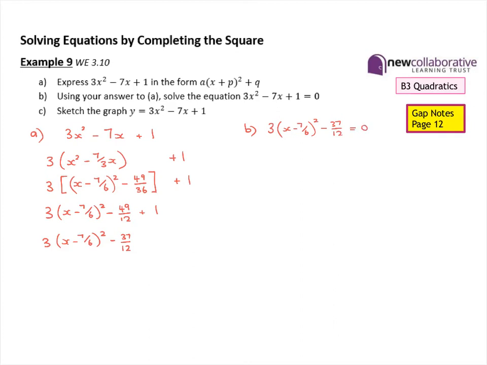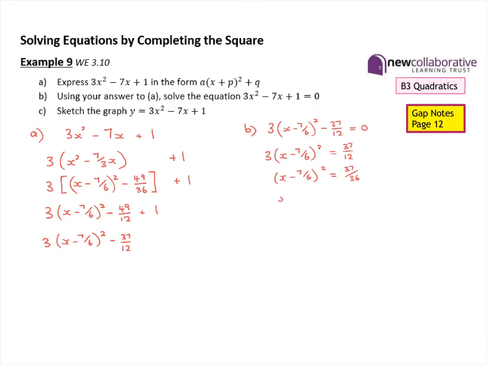And now we have it in completed square form, we can simply rearrange this equation to make x the subject, and that will give us our value of x, or values of x. So 3 multiplied by x take away 7 over 6 squared equals 37 over 12. If we divide by 3, x take away 7 over 6 squared equals 37 over 36.